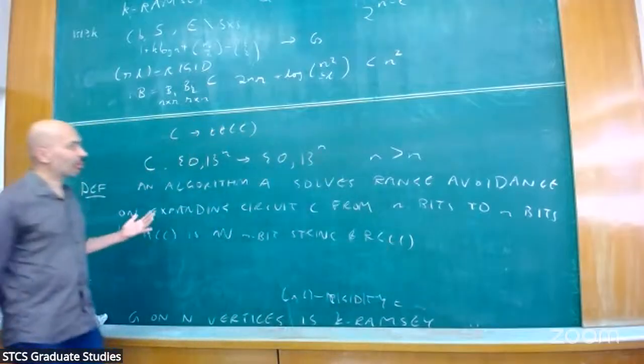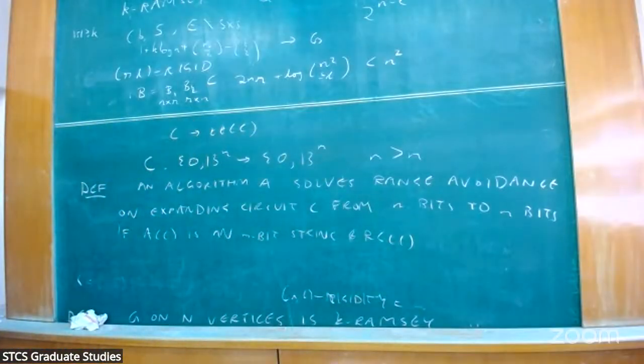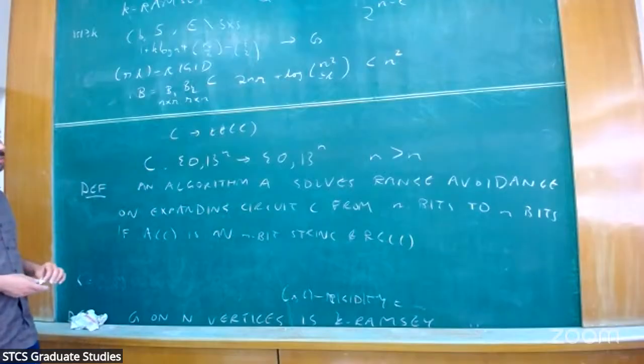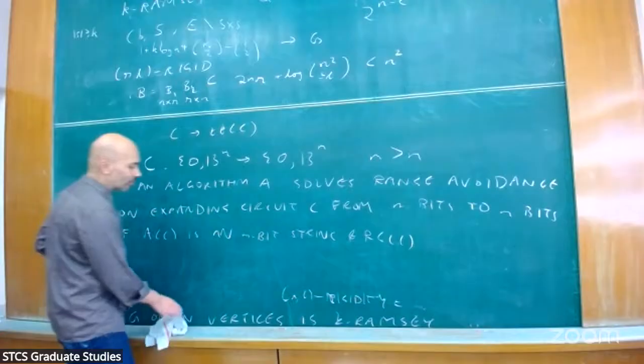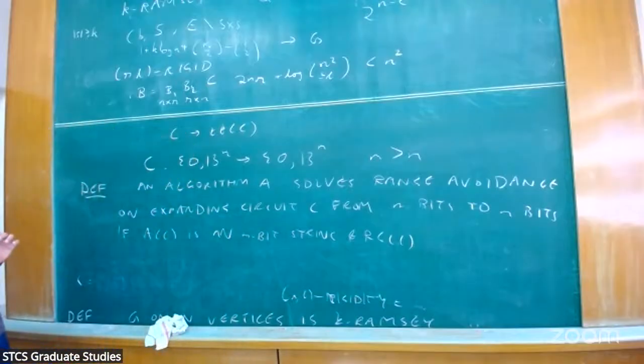So you just want to output some m-bit string that's not in the range, and this is a total function problem if m is greater than n.